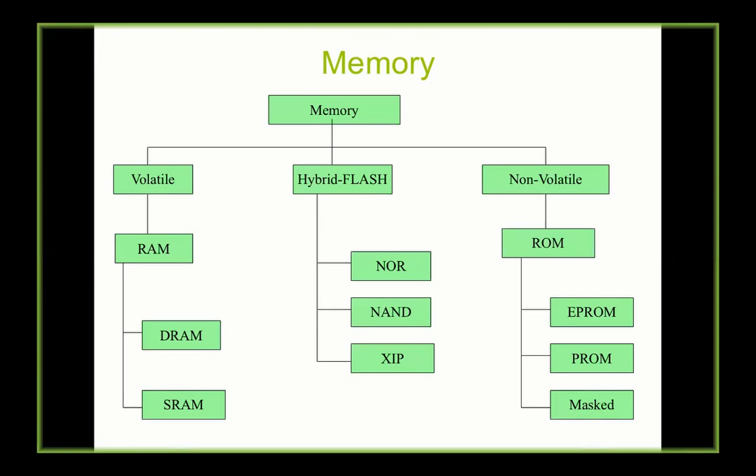Execute in place. So now you must have understood. Instead of copying the content from a storage device to a RAM area, we'll use XIP flash to run the program from there only. It may not be as significant as RAM, but it improves speed quite a bit compared to a traditional access to a RAM or a ROM.